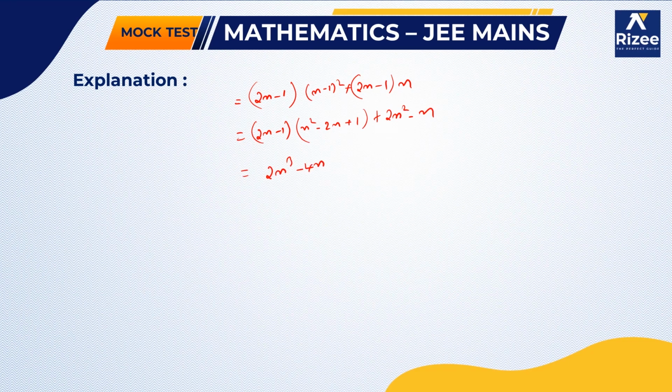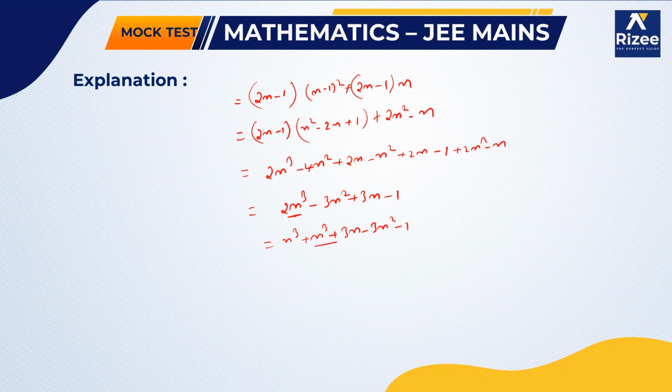By solving this we get 2n cube minus 3n square plus 3n minus 1. Observe. So simply we can write n cube plus n cube plus 3n minus 3n square minus 1. Observe this total term, which is in the form of a cube minus b cube plus 3ab plus 3a square b minus 3ab.